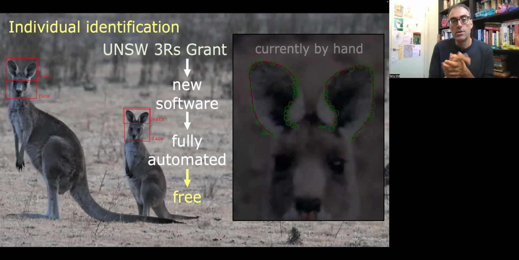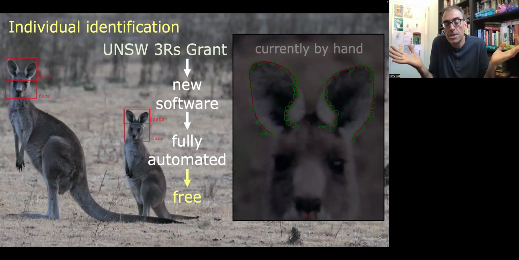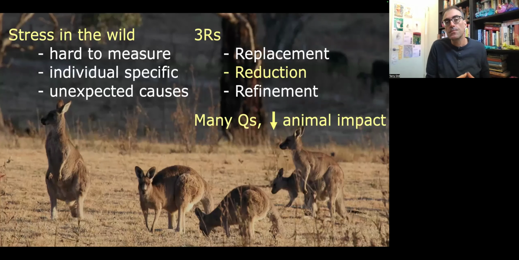And we're going to package this together and make it freely available to everyone, to the public, to in particular wildlife managers as well. So our hope is that with a combination of these condition scores and this software, people can now start to monitor the health of these wild populations without having to catch these animals.